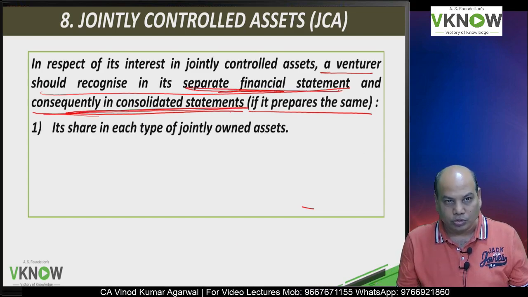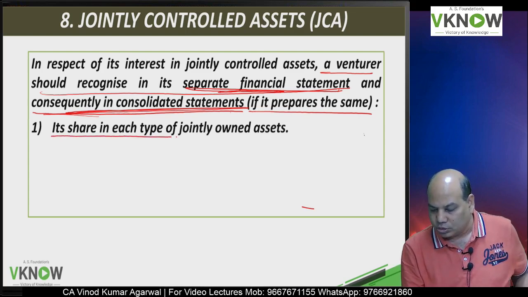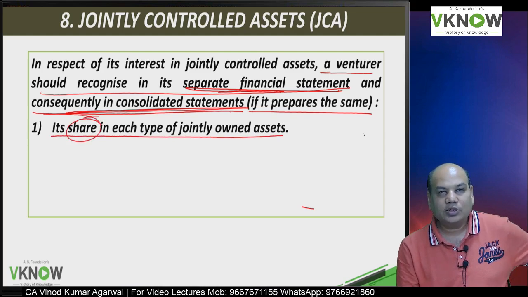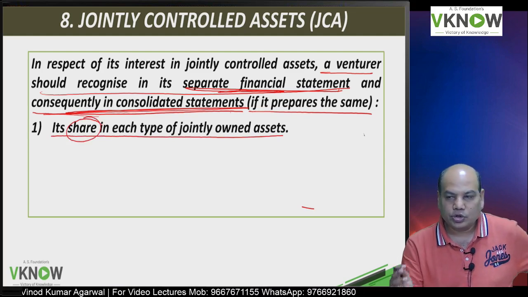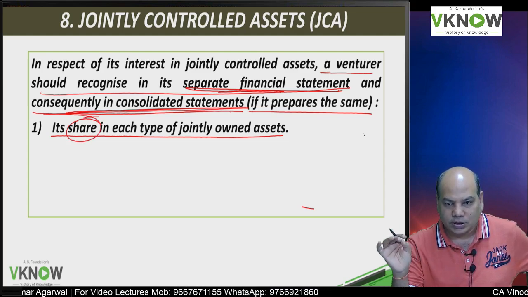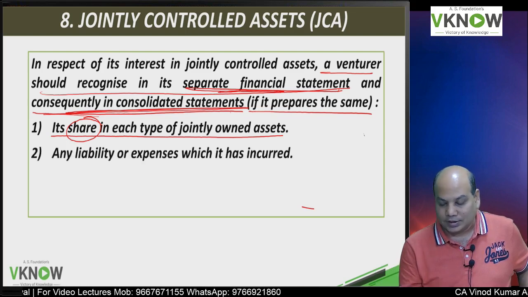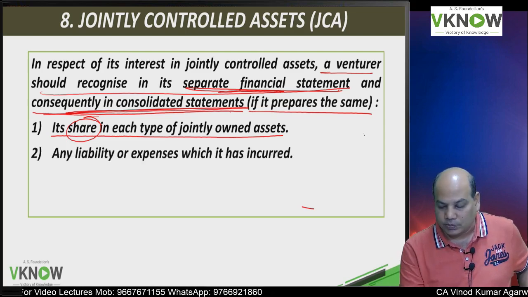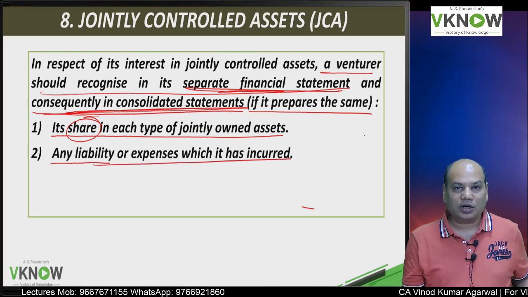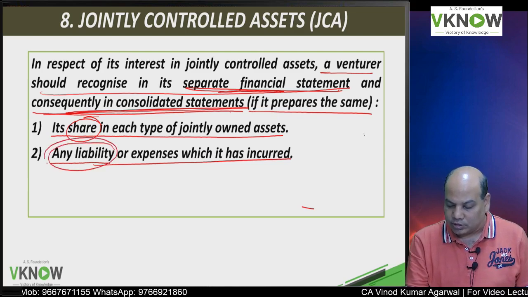Suppose you are jointly owning an asset, you are going to record your share in that jointly owned asset, which you and the other party must have agreed, whether you own 40%, 50% or whatever amount you have agreed. Secondly, you will record in your book any liability or expense which you have incurred.